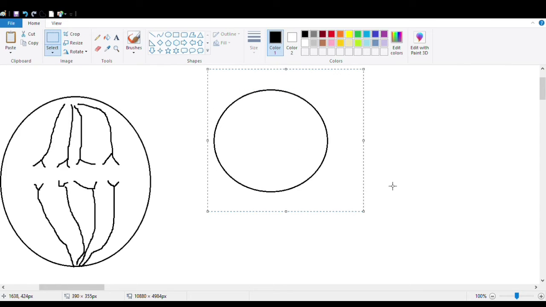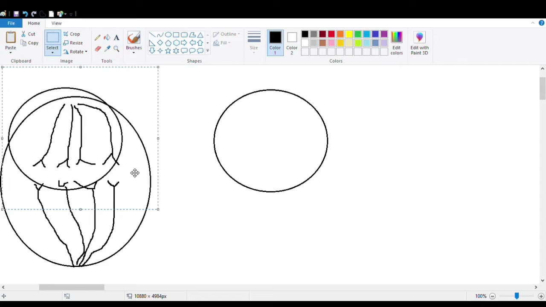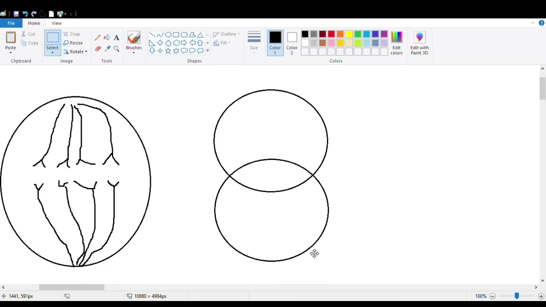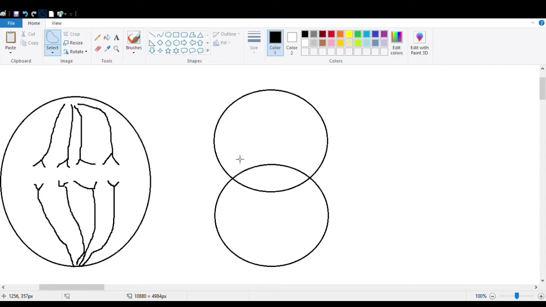So we've got this nice cell, and here's the other cell that's going to arise from it. And let's crop this out nicely so you really get a good view of this. Boom. And then we're going to have these chromosomes sort of ending here and ending here.